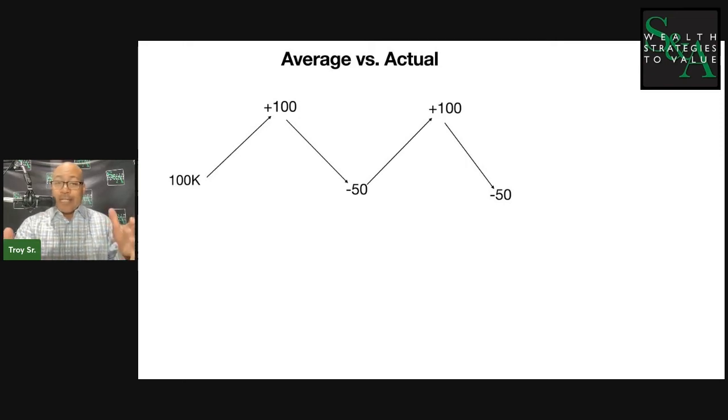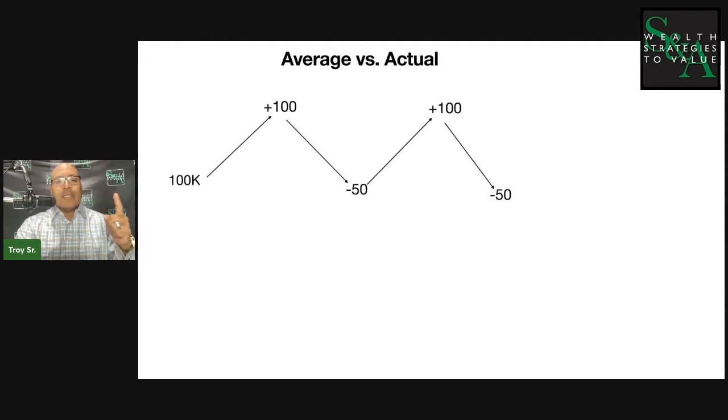And the first thing that it says on there is your average rate of return over the last 4 years has been 25%. And she says, wow, honey, our advisor's doing a phenomenal job for us. Call him up. We're going out to dinner with him. We're treating him because he's treating us so good. He's done a phenomenal job.